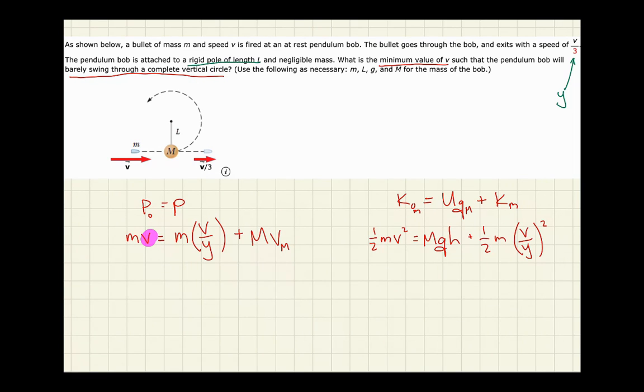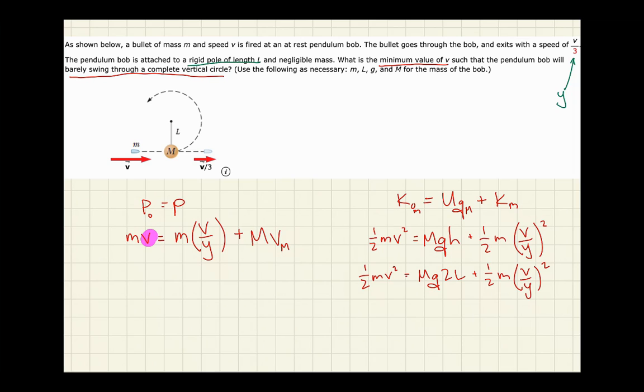Now, that h, the height here, is also known. It's going to be double the length of the rod. So that's 1/2 little m v squared equals big M g times 2L plus 1/2 m times v over y squared.